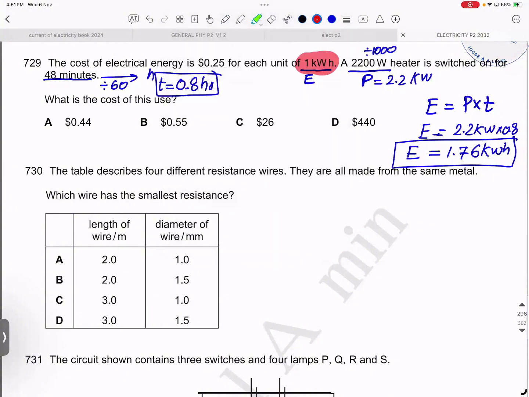In the question, they told you $0.25 is for 1 kilowatt hour. For 1.76 kilowatt hours, how many dollars? The answer will be A. Question number 730.